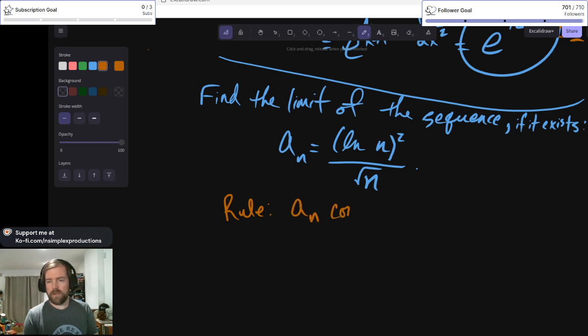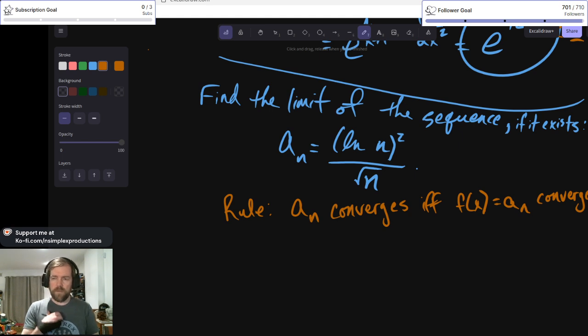A sub n converges if and only if the continuous function where these are all equal to each other, f of x and a sub n, are equal for every possible value, converges. So if f converges, a sub n must converge, and also if a sub n converges, then f of x must also converge.